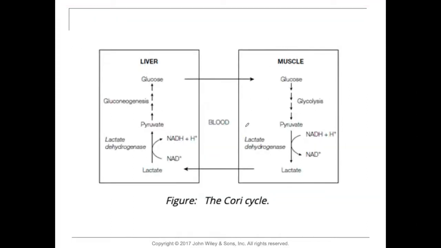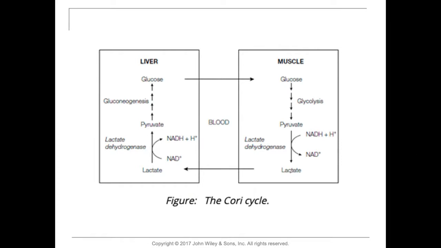When it goes into the blood, that lactic acid can actually enter what is called the Cori cycle, where your glucose was broken down into pyruvic acid or pyruvate. That was called glycolysis, but you are now out of breath. You have no energy.